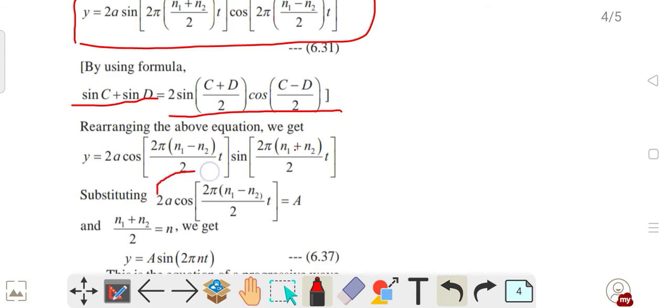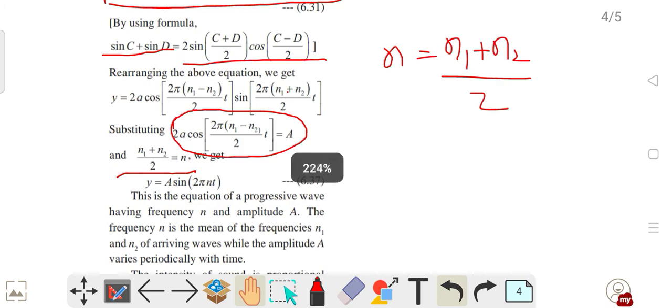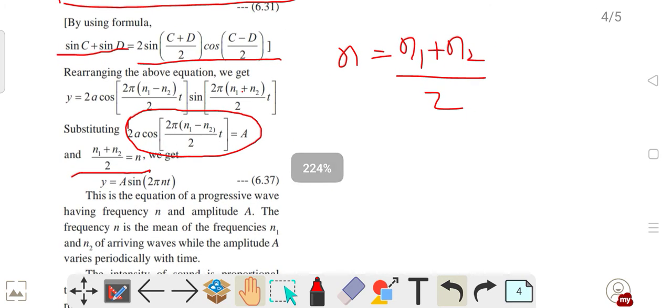Remember we have put the cos term as amplitude. And here (n1 + n2)/2 is coming, which we have taken as n. That means n = (n1 + n2)/2, the average of the two frequencies. So the final equation becomes y = A sin 2π n t.